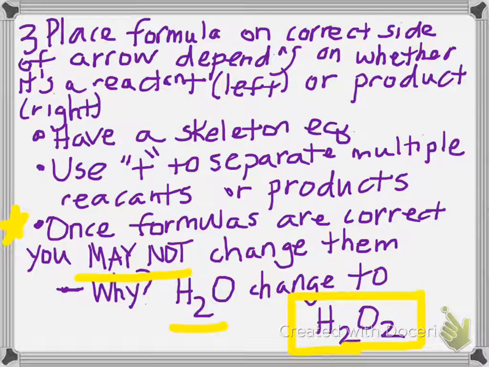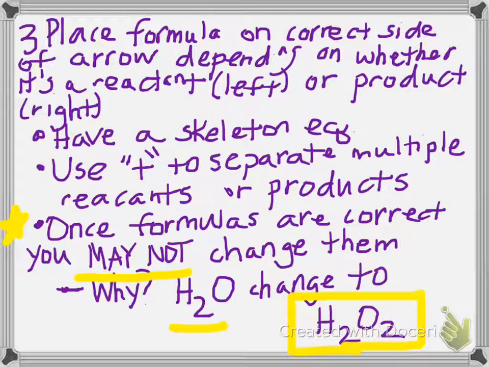H2O is water. If it's a hot day, I want to take a nice cold drink of water. However, to change that formula to H2O2, now I have hydrogen peroxide. On a hot day, I don't want to take a big drink of nice and refreshing hydrogen peroxide.